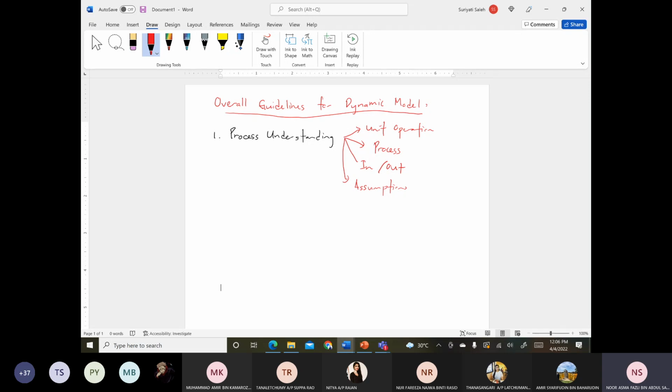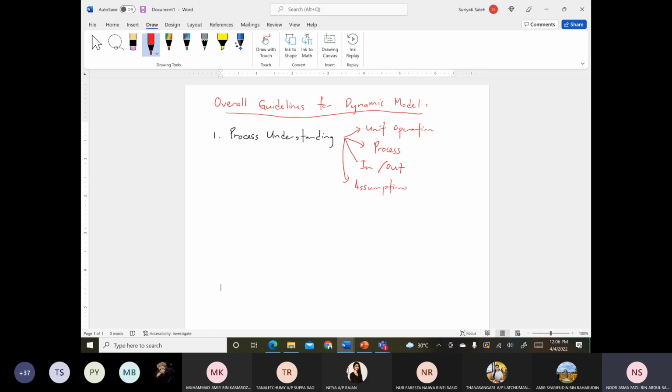For example, in the test, 1 hour is allocated to solve the model. So it makes no sense to derive all of the mathematical model, which may consist of the level, composition, or the energy. At most, there will be two balances, either the overall plus the component or the overall plus the energy. We don't ask you to derive all of these three balances.